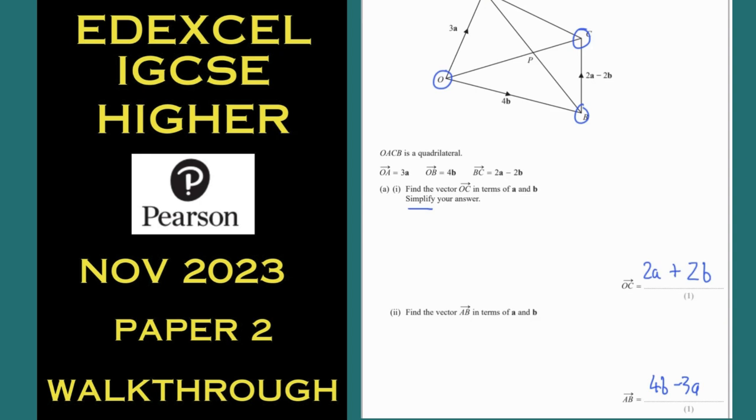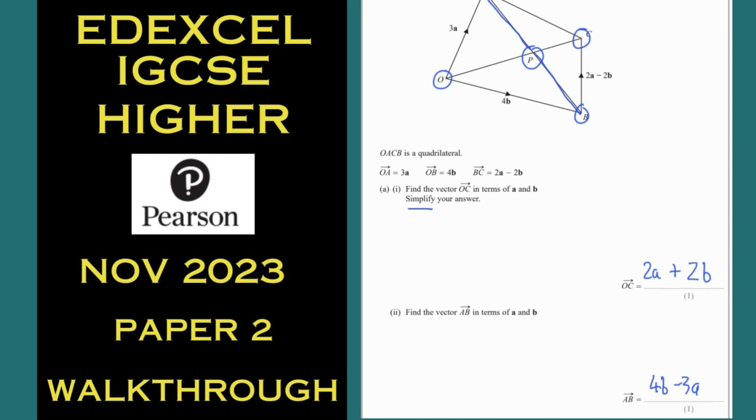Now, I'll do a bit of thought process before we actually go on to, obviously, you've got this part P here, which as described earlier on, it says later on, use a vector method, find the ratio of A to P to B.